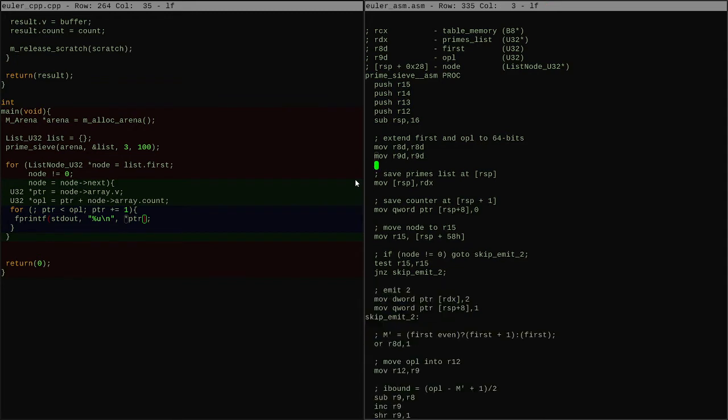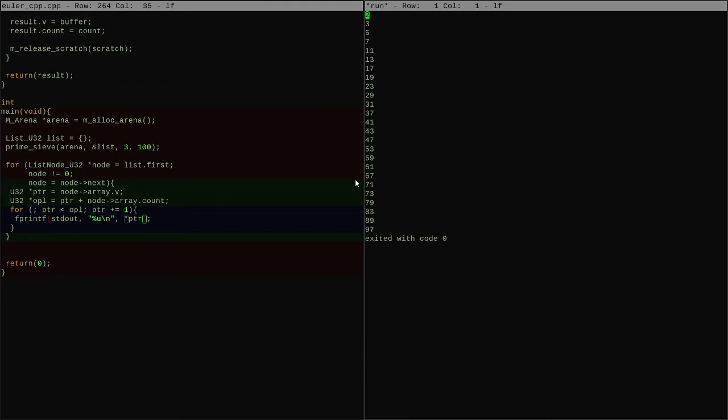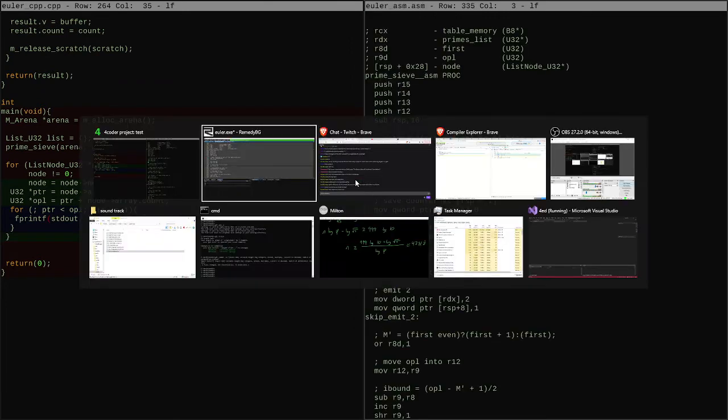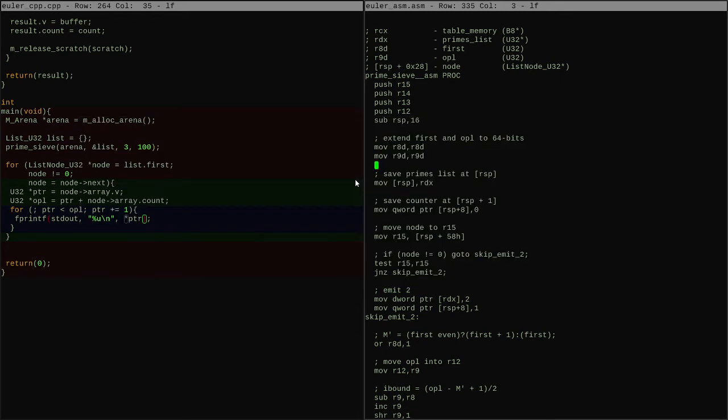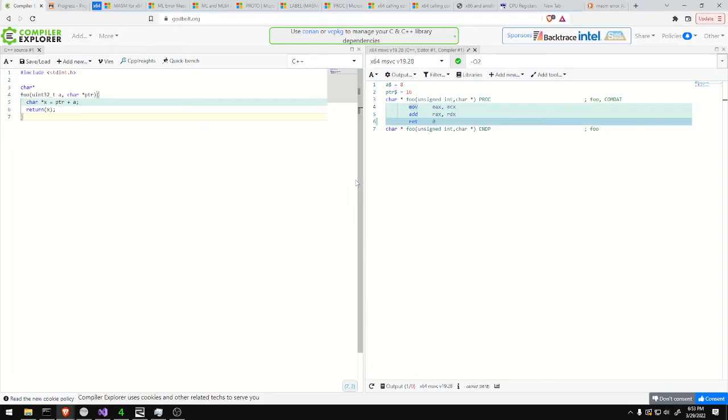Okay. Sieve still looks like it works. And we didn't have to rearrange all that stuff. So that's really cool. Let's go and play with Godbolt for a second.